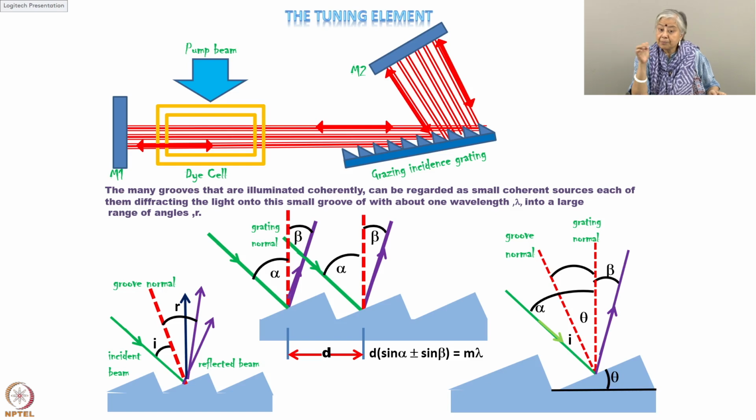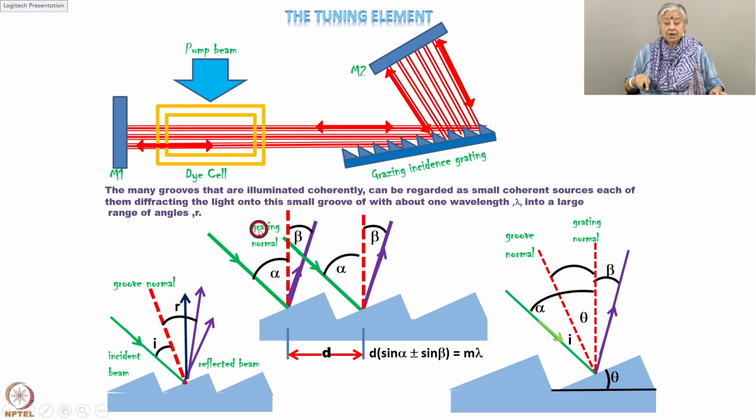So, you would like to keep it inside the resonator, you make the selection there and you make the stimulated emission occur at that particular frequency or wavelength. Okay. And you have a very high intensity laser beam, as laser beams are. So, that is the whole idea of keeping the grating.